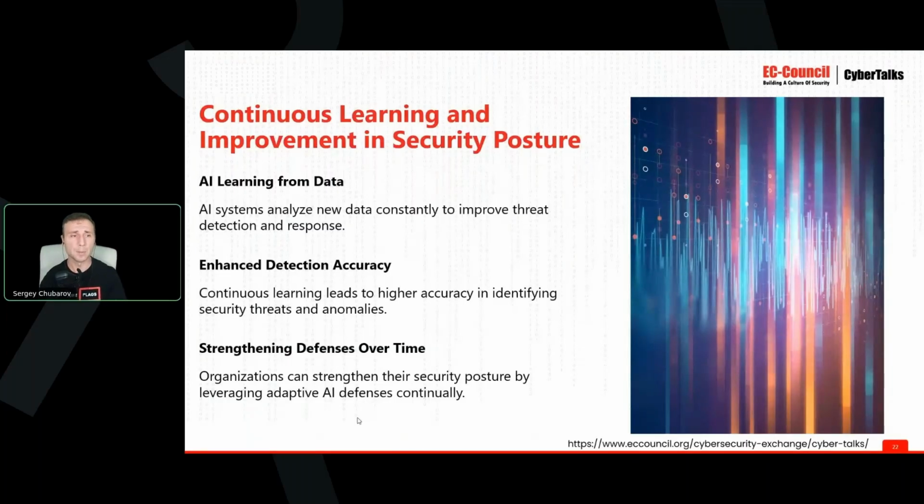AI systems analyze new data constantly to improve threat detection and response, and continuous learning leads to higher accuracy in identifying security threats and anomalies. And so organizations can make their security posture stronger based on recommendations from AI.